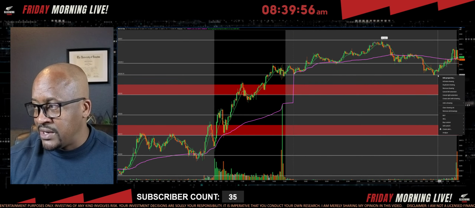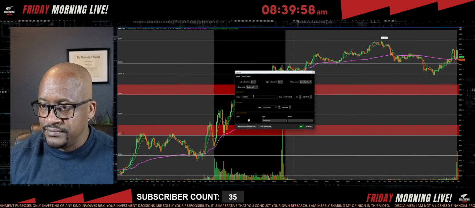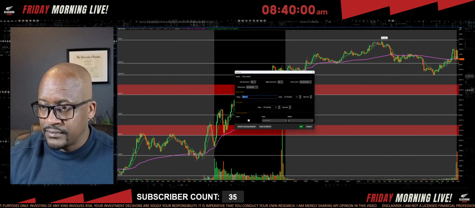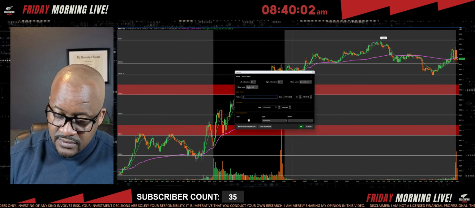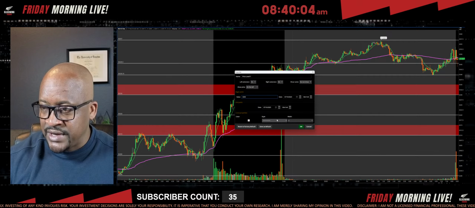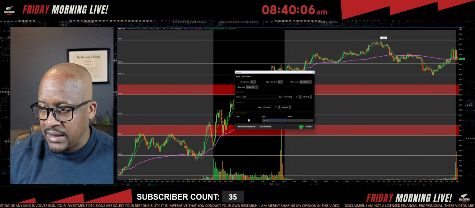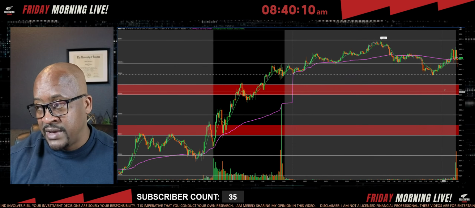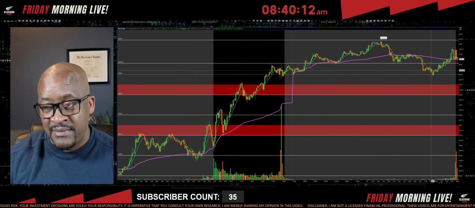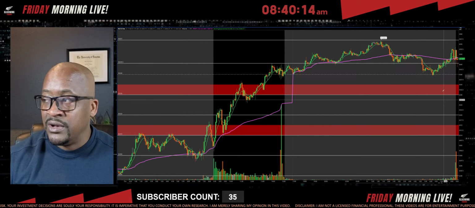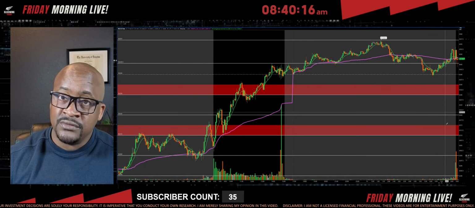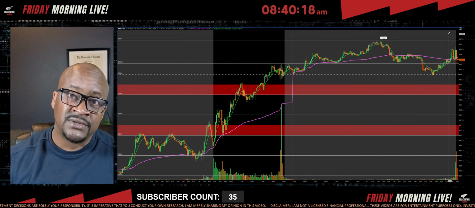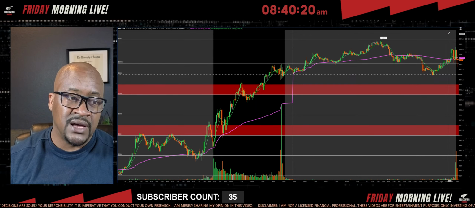I'm actually going to draw a line here. Make this one a dotted line. All right, so it could pull back there. It could pull back to the 63.30 area. I mean, it could exhaust and even pull lower. So a lot more room to the downside than you have to the upside, where it's at now in the all-time highs.